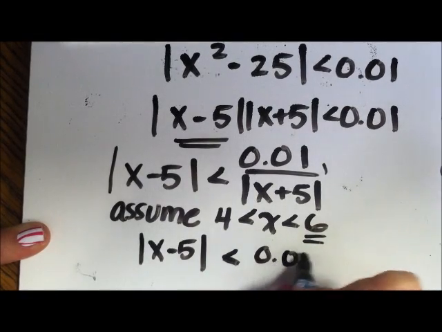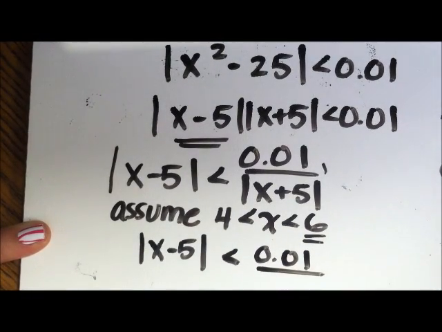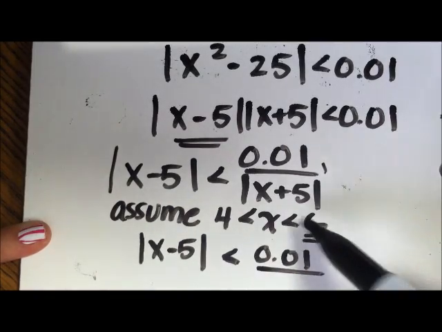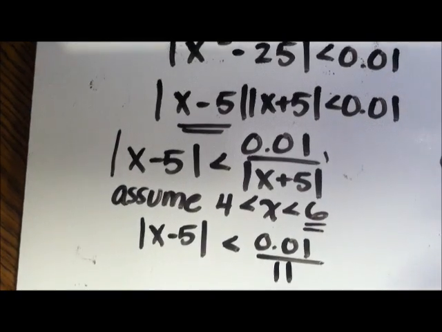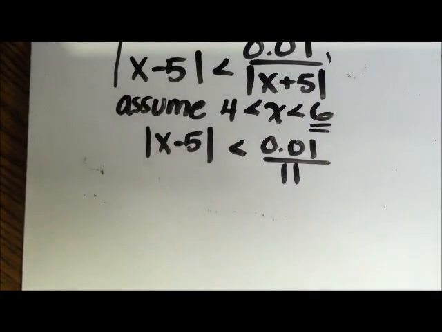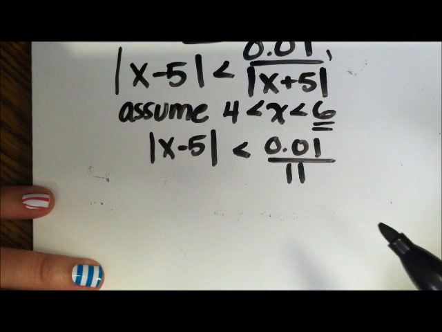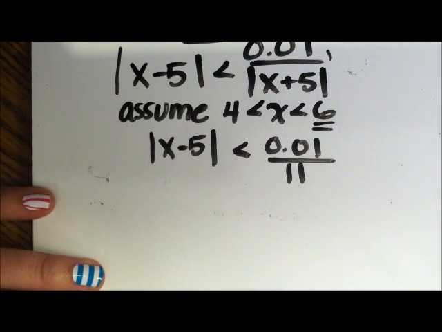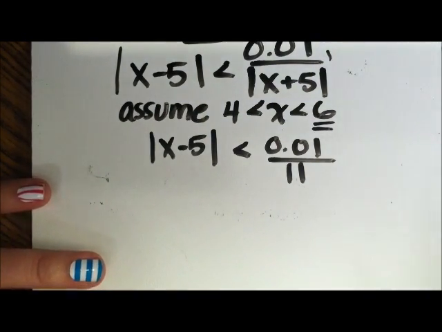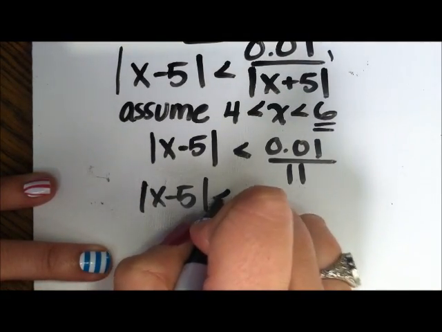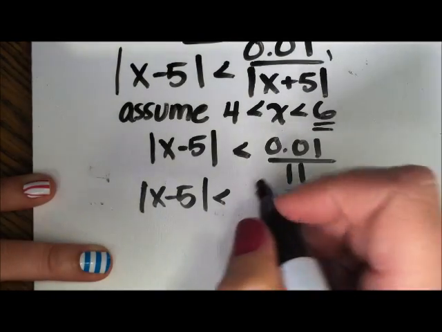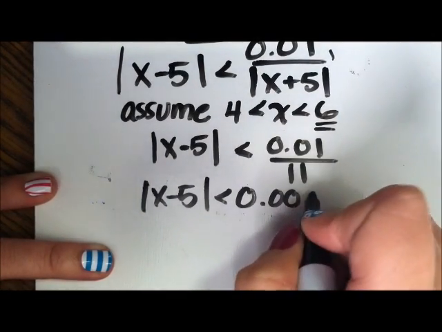It's going to be less than 0.01 over 6 plus 5, which is 11. Now I can multiply this out, and I have x minus 5 less than 0.01 divided by 11, which is about 0.0009.